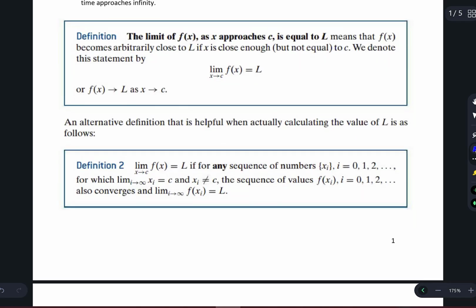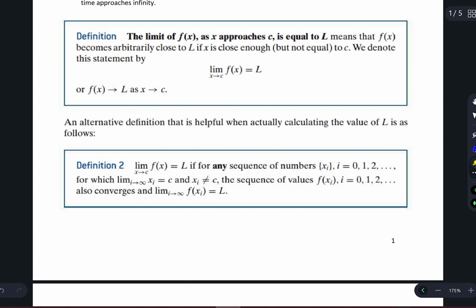And so here we have two different definitions of a limit. And so in the first one, we say the limit of the function as x approaches some constant c is equal to L. And what this means is f of x, or our function, will become arbitrarily close to L, that value of the limit, if x is close enough to c.